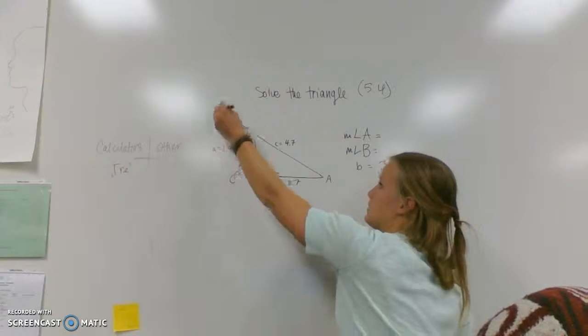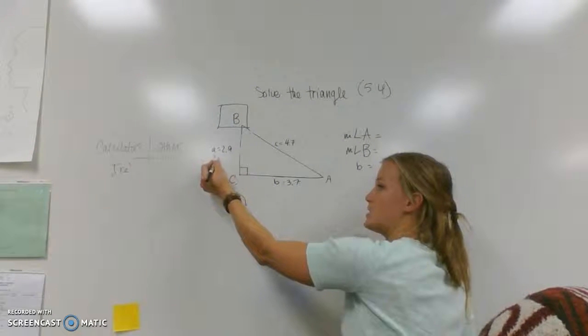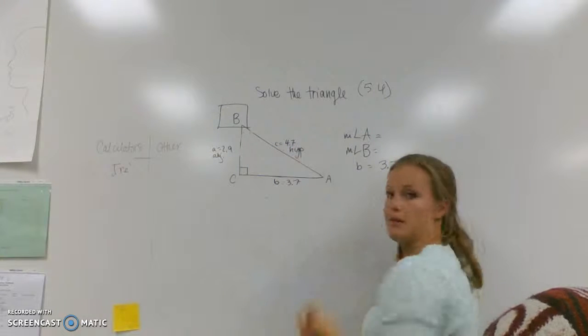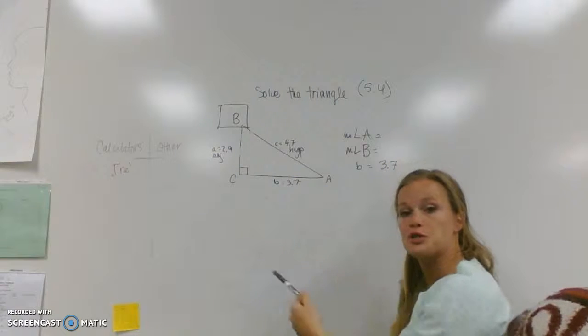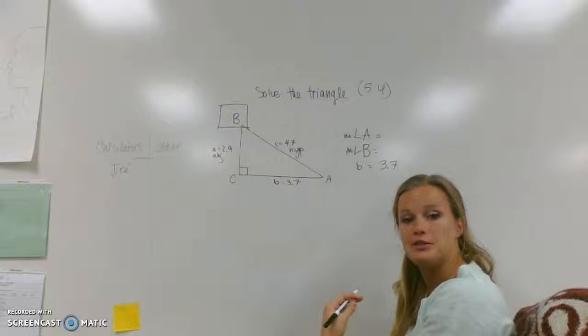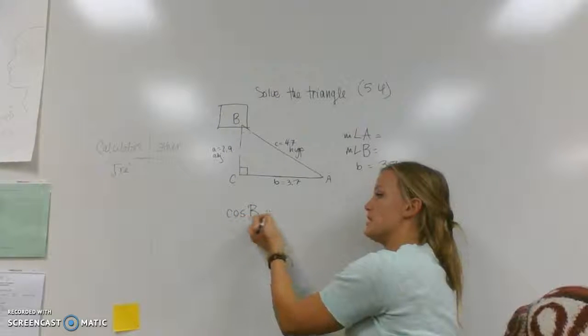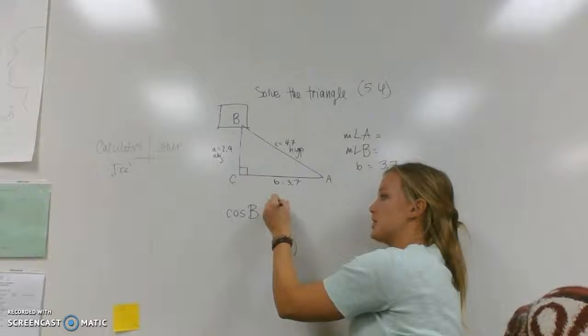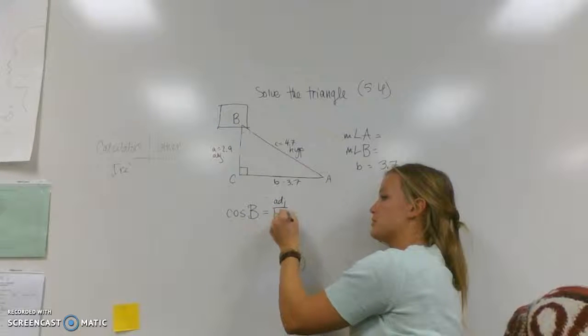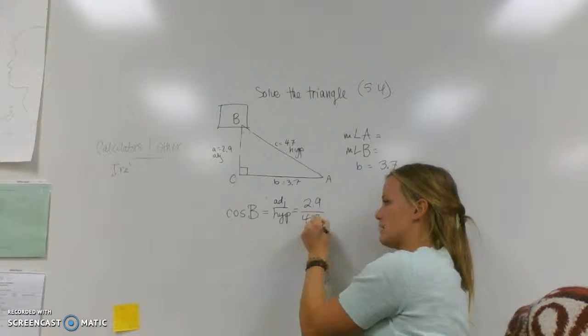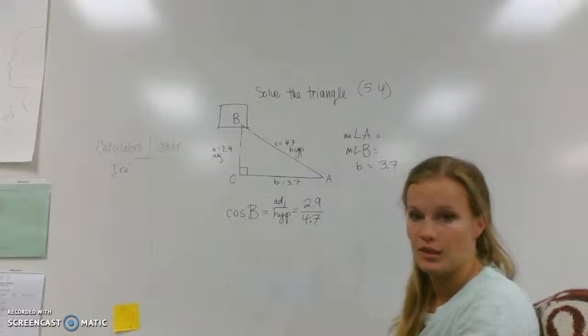So looking at b, this is my adjacent side to b and my hypotenuse side to b. The trig ratio, which uses adjacent and hypotenuse, is cosine. So I'm going to set up cosine of b is adjacent over hypotenuse, which is 2.9 over 4.7. Okay with that?